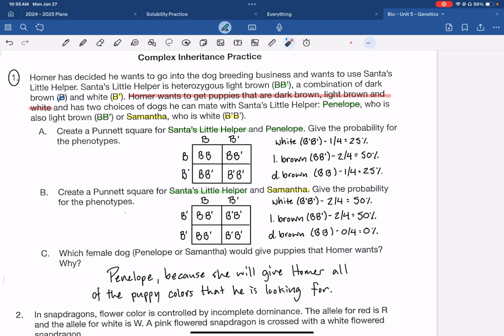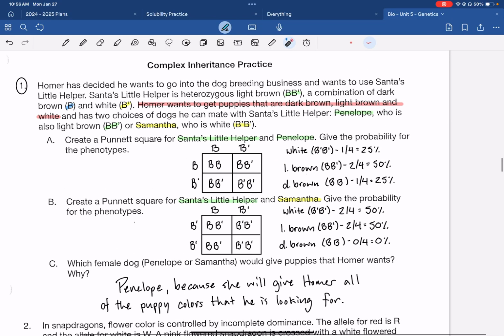The homozygotes are white, B prime, B prime, and dark brown, BB. But like I said, if you get the heterozygote, BB prime, you get something in between white and dark brown, you get light brown. All right, hopefully that helps you guys.